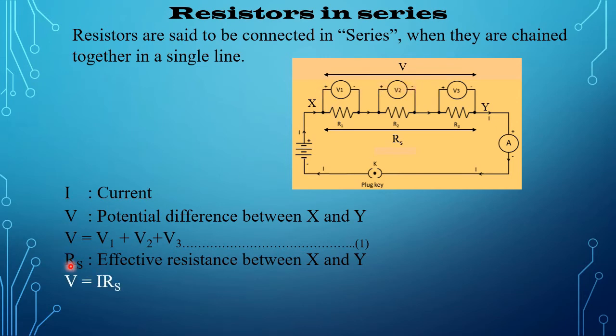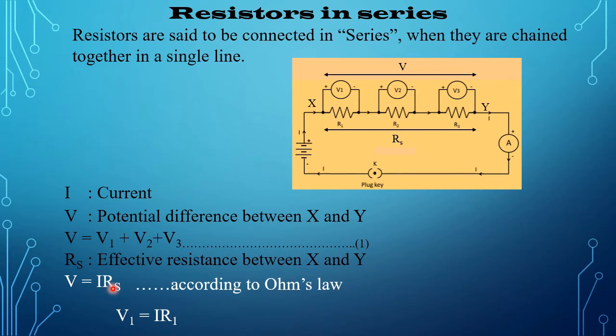Rs is the effective resistance between points X and Y. S stands for series combination. We have V equal to I Rs according to Ohm's law.